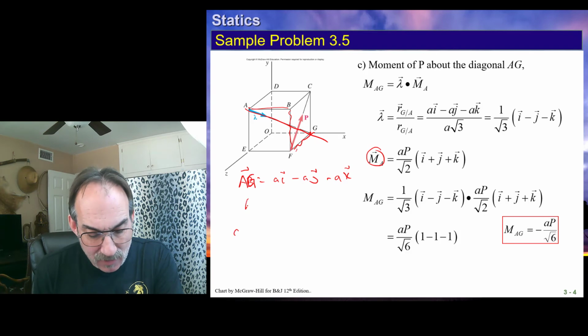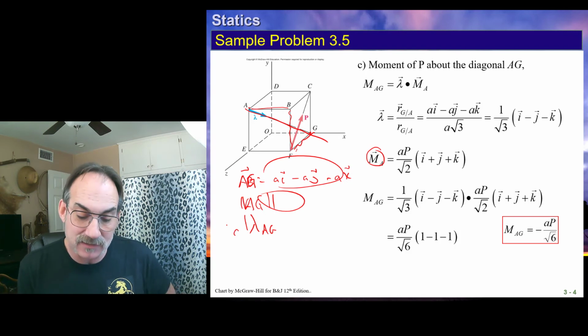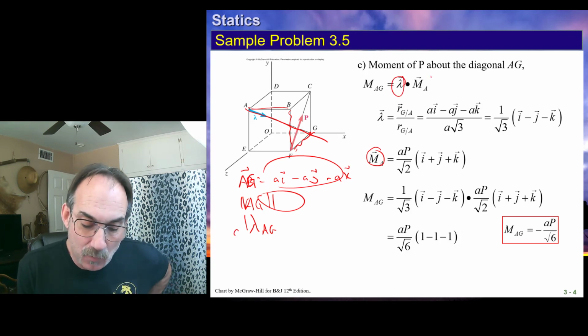That's our AG. We then calculate the length of AG. We take the unit vector of AG, which is this over this. And then we're going to take the dot product of that lambda with M.